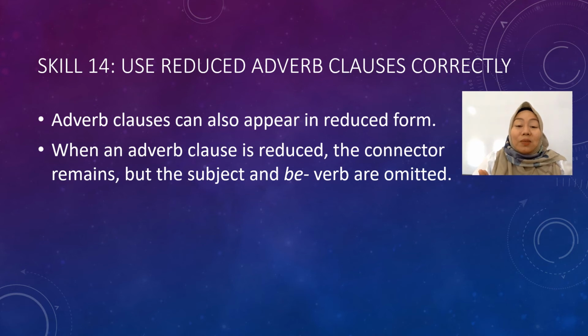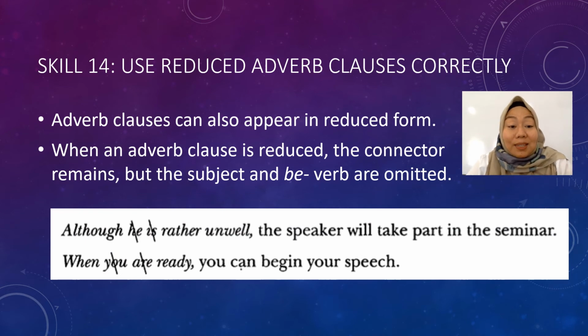So we still keep the connector. Okay, so that's for adverb clauses. We keep the connector, but then we delete the subject and the be verb. Let's take a look at the example.